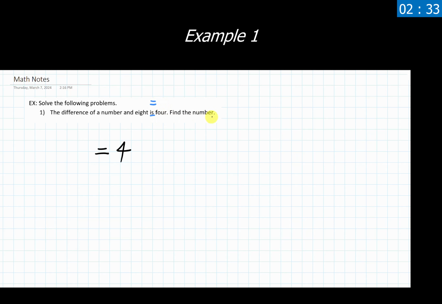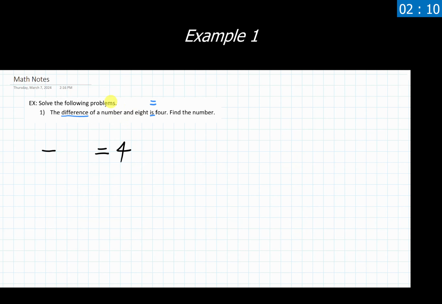And we can ignore everything else at this point in time. So the difference of a number and 8. Well, the word difference corresponds with subtraction. So I'm going to have something minus something else. So I'm just bringing this and writing a subtraction sign here for myself. So the difference of a number and 8.